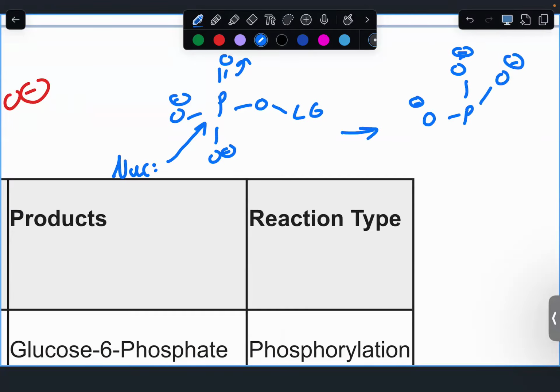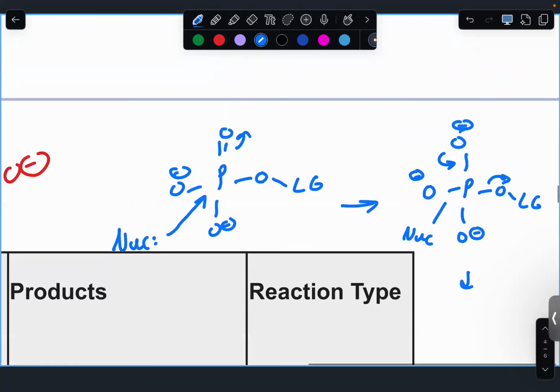Whoops, that's a minus. Oh, I drew too many oxygens. Nucleophile, O, leaving group, and then that comes down, and then that kicks off. So this right here is the pentavalent intermediate. Pentavalent meaning 5 bonds.